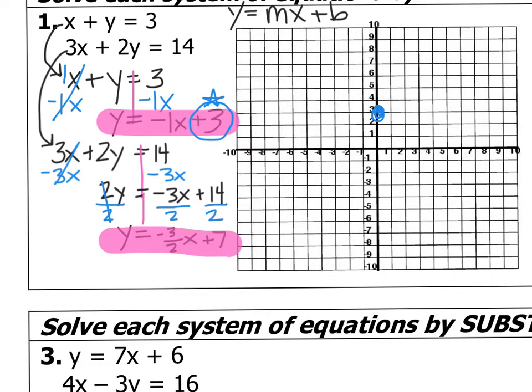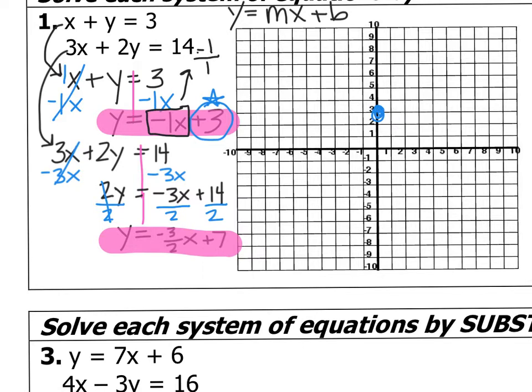Now I've got to take the slope. The slope is the number before the x, negative 1. A slope of negative 1 is actually, let me make a little arrow here, the same as negative 1 over 1.